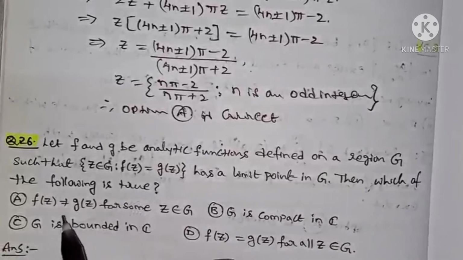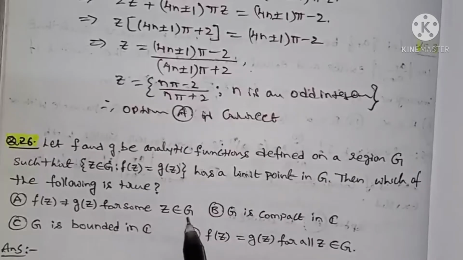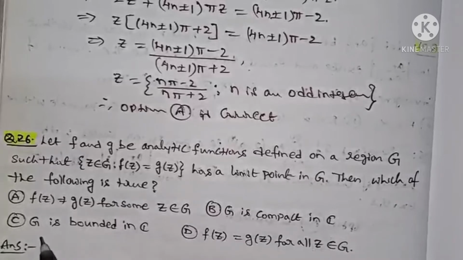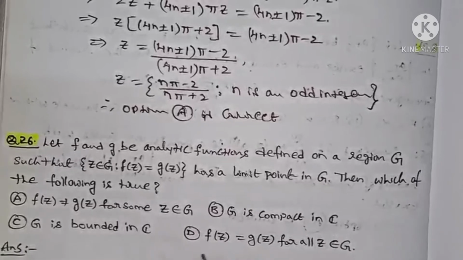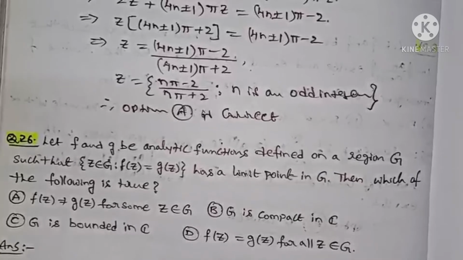The four options are: option A, f of z is not equal to g of z for some z belongs to G; option B, G is compact in C; option C, G is bounded in C; and option D, f of z is equal to g of z for all z belongs to G.